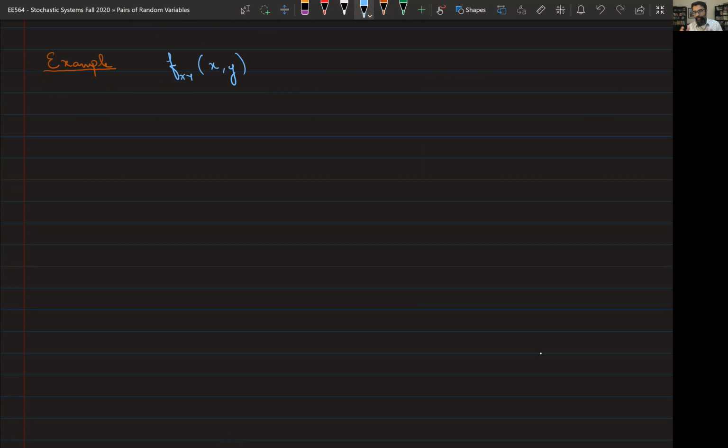We said a robot is uniformly distributed on a unit circle, and if it's jointly uniform in a unit circle, the joint PDF was equal to what? So this was equal to 1 upon pi as long as x squared plus y squared is less than or equal to 1, and the PDF is 0 outside the circle, right?